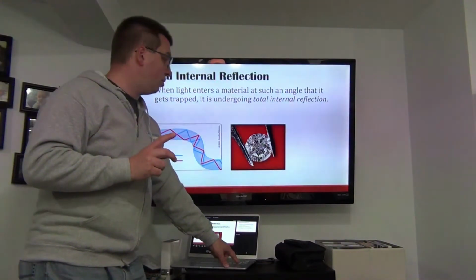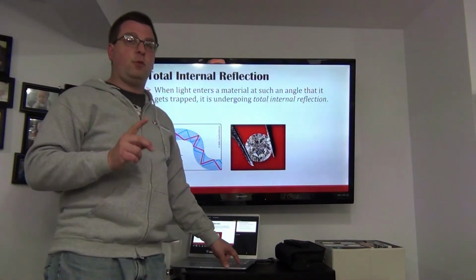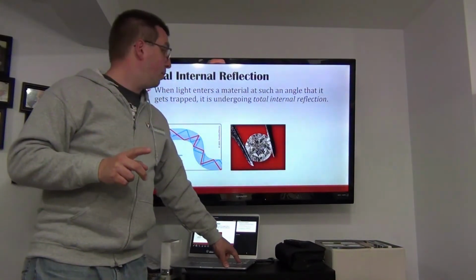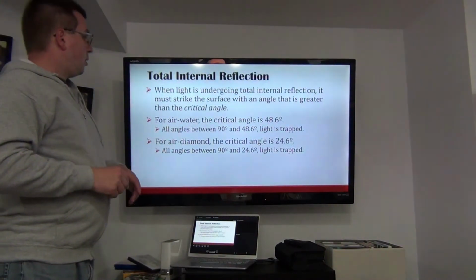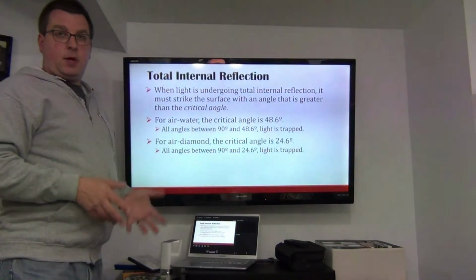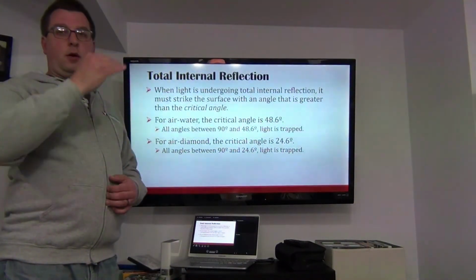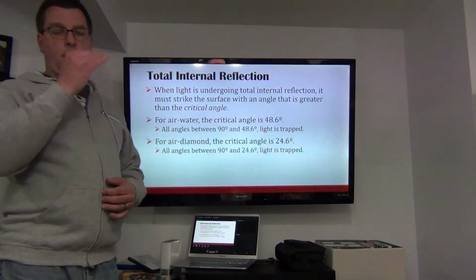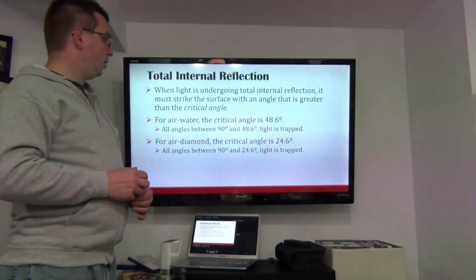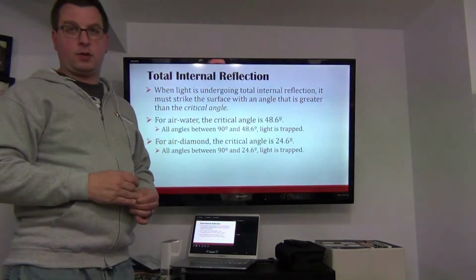So what does this total internal reflection mean in terms of a number? There's a thing called a critical angle. And again, I'm just going to focus on diamond here. So from air to diamond, there's a critical angle of 24.6 degrees.